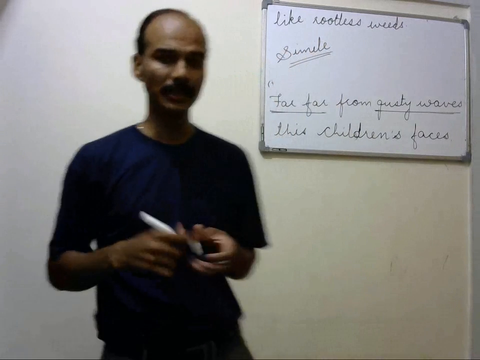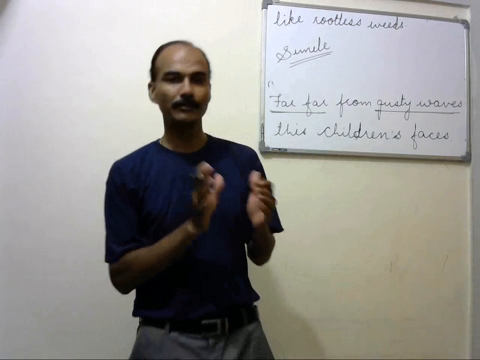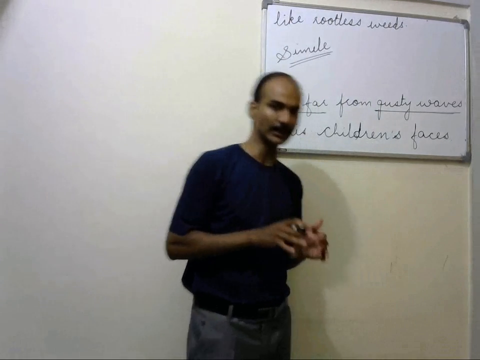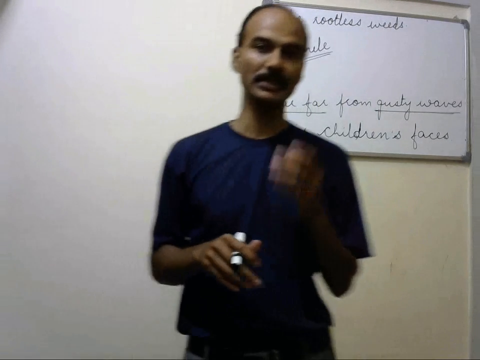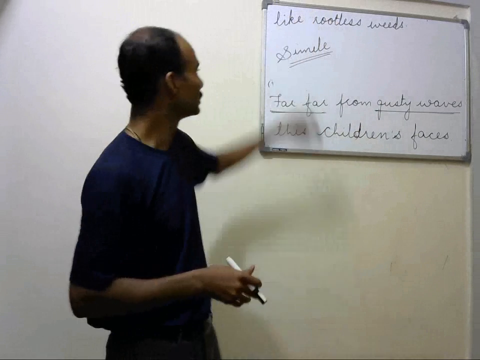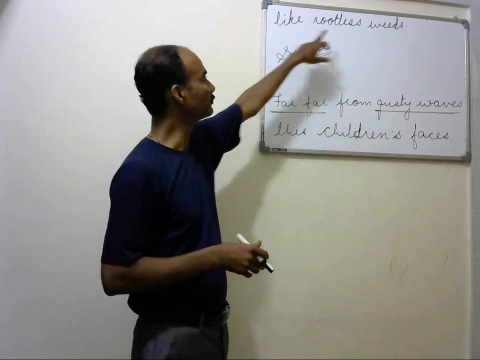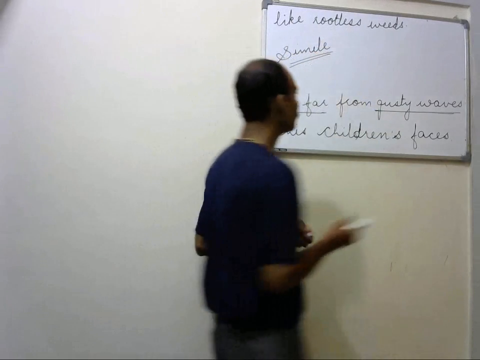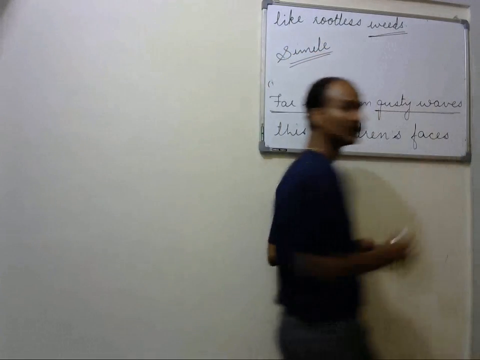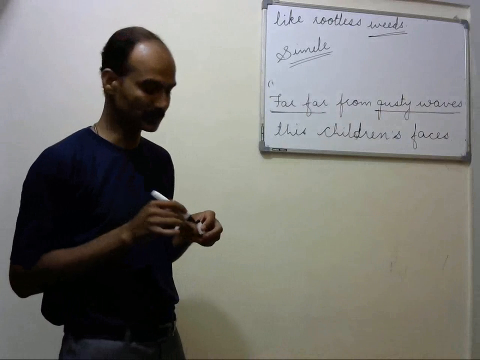And simile, you know well, is when we compare two unlike things using like or as. So the poet is comparing the children with rootless weeds, and weeds, you know, are unwanted plants.